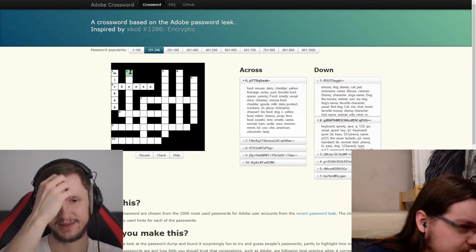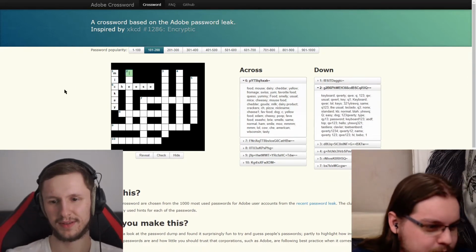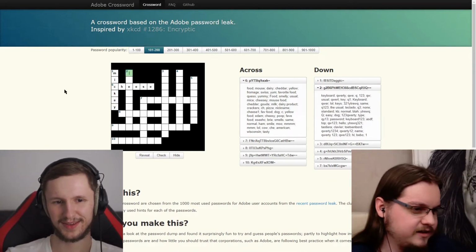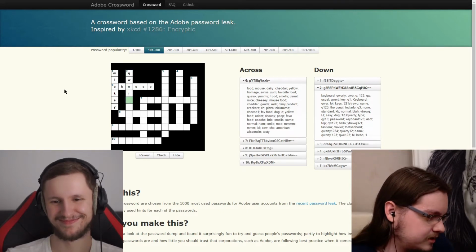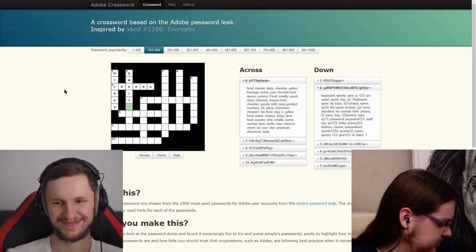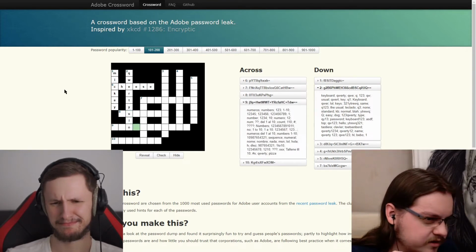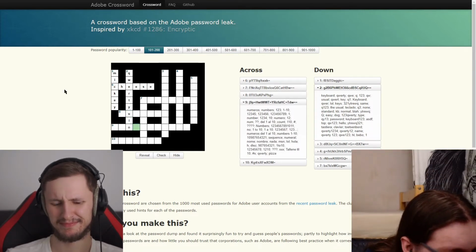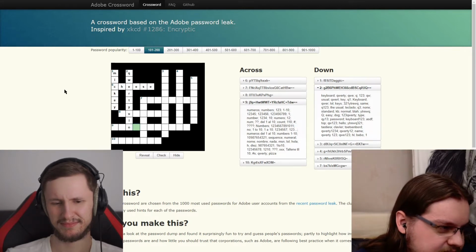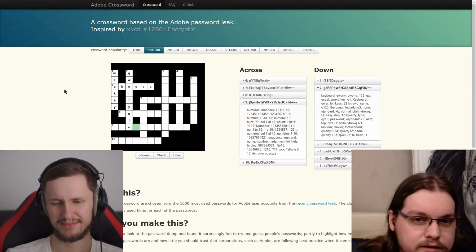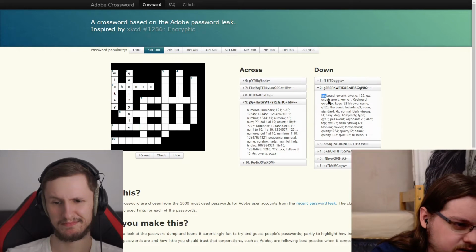Oh, okay, yeah, that makes sense. Q down: keyboard, QWERTY, so it's just QWERTYUIO. By the way, something you'll notice is that the solution is never in the hints.